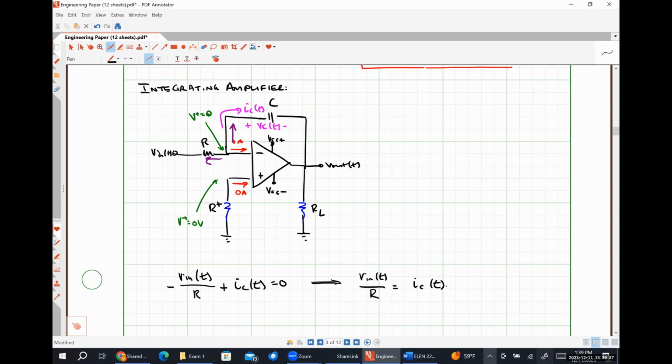So in some way, shape, or form, our capacitor current IC of T has to be related to our output voltage. We know that the capacitor current is related to the capacitor voltage by that integral-based relationship.